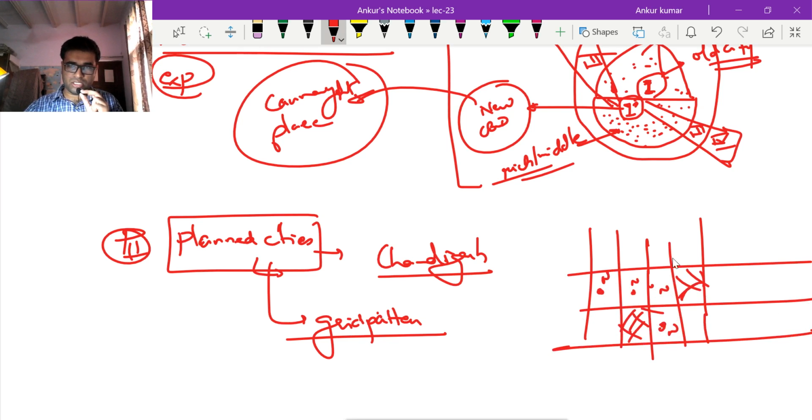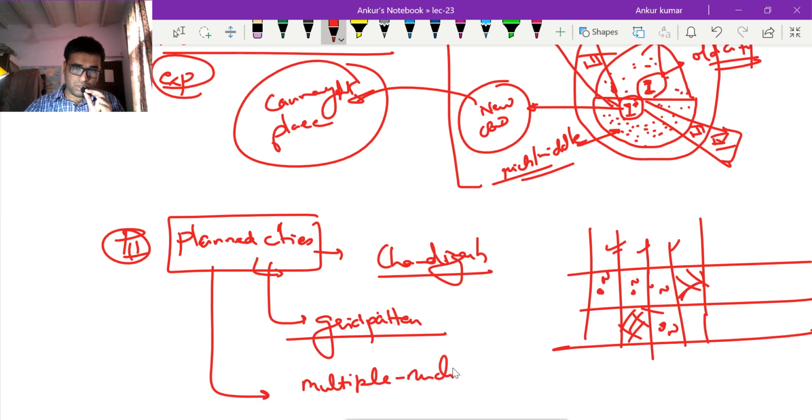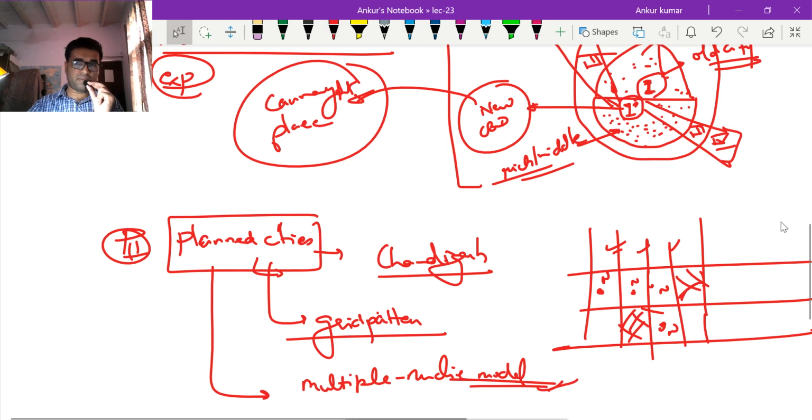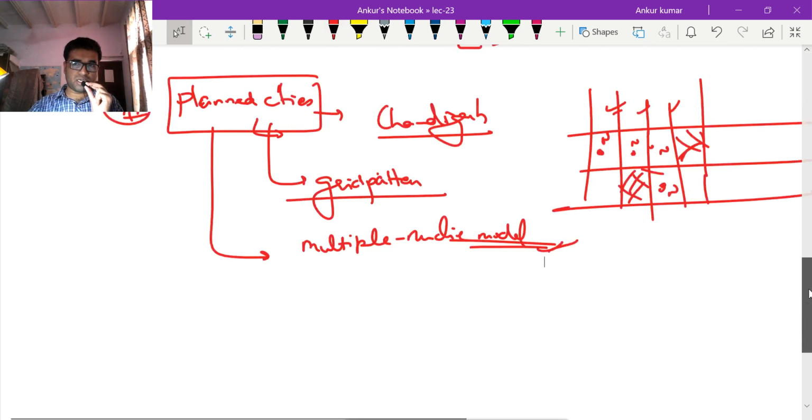And these were the arterial roads, the sectoral roads. So the planned cities were based on the multiple nuclei model. So these were the three types of cities in India: colonial cities, planned cities, and the bazaar based cities.